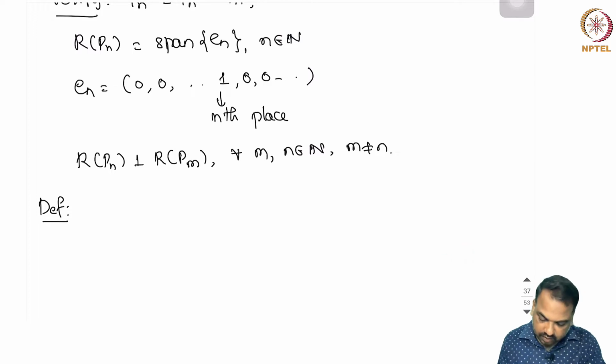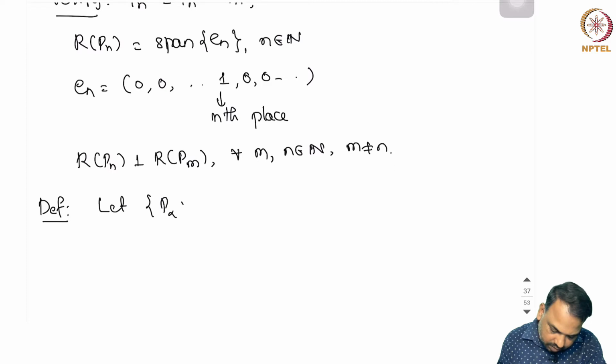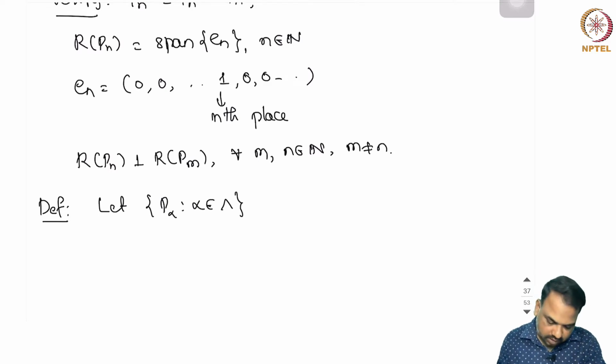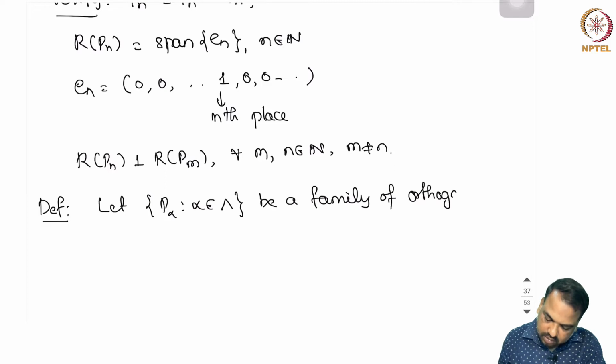If you have a family of orthogonal projections, let P alpha, coming from a directed set lambda, be a family of orthogonal projections.